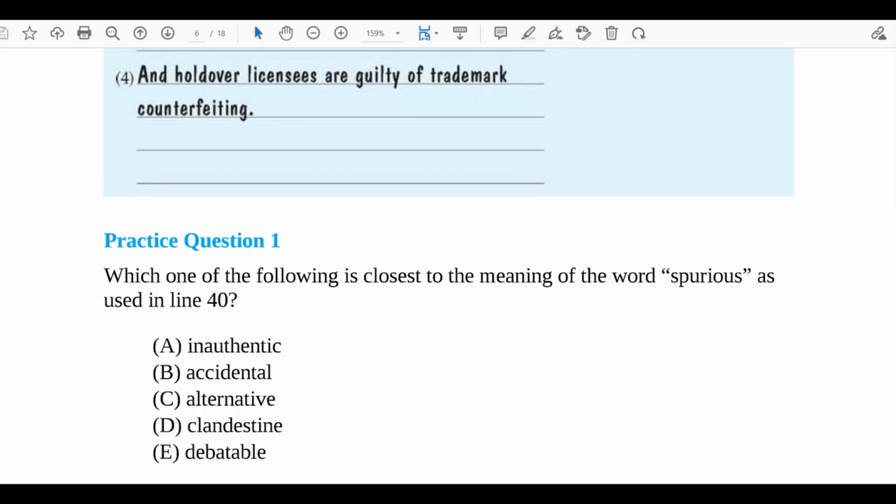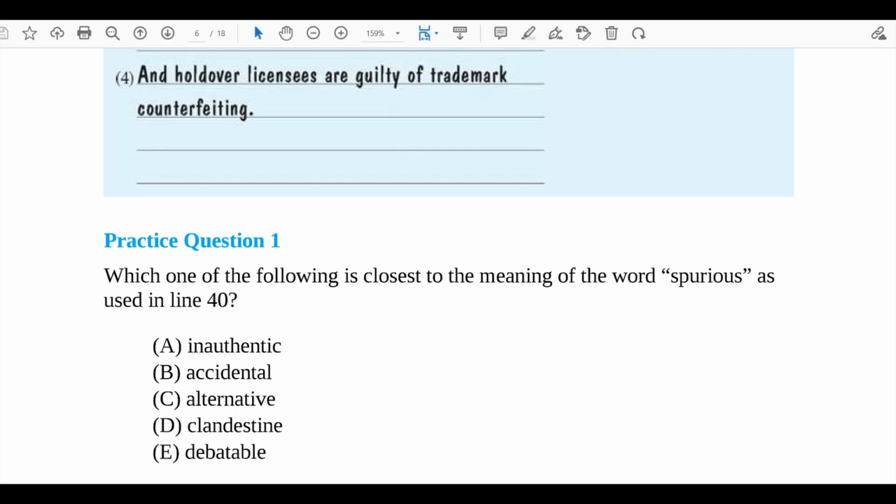So, which one of the following is closest to the meaning of the word "spurious" as used in line 40? Inauthentic, accidental, alternative, clandestine, debatable.